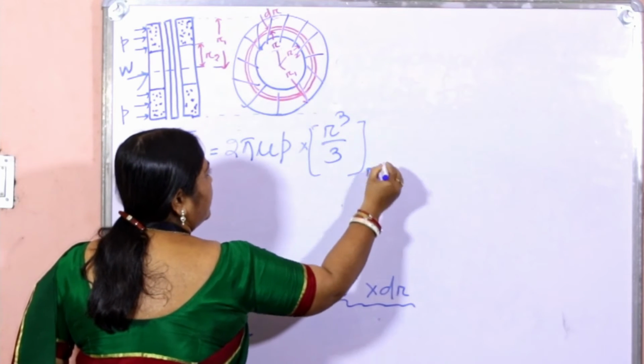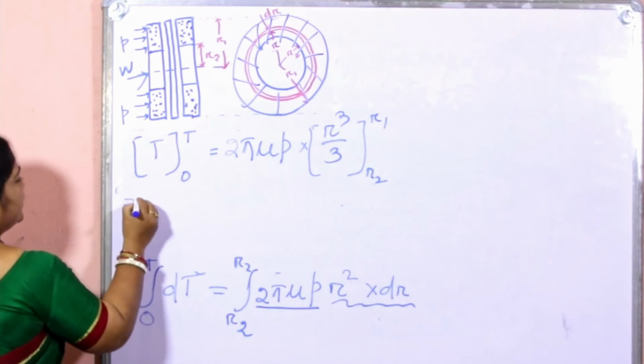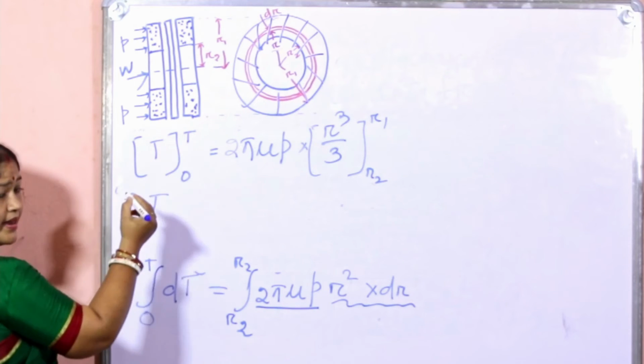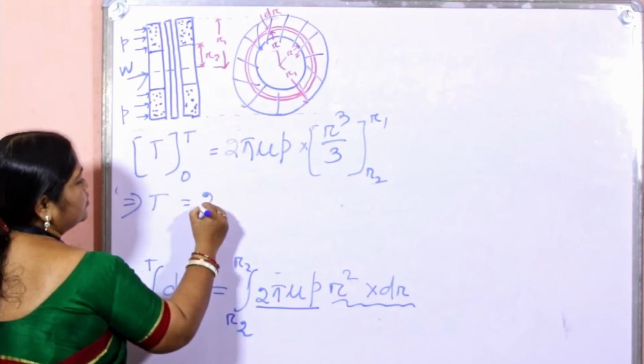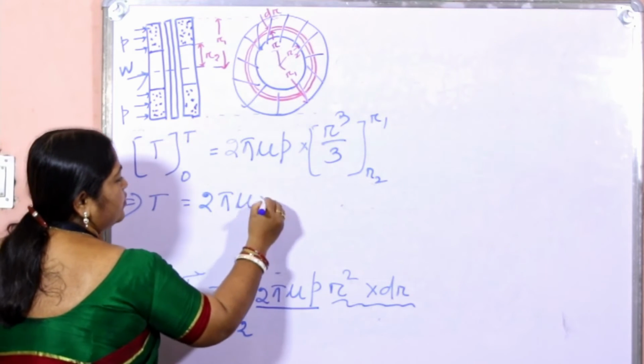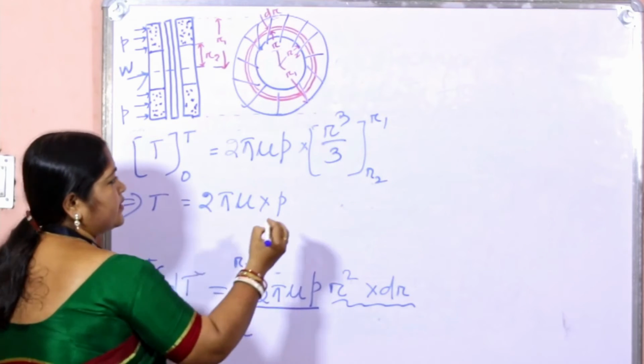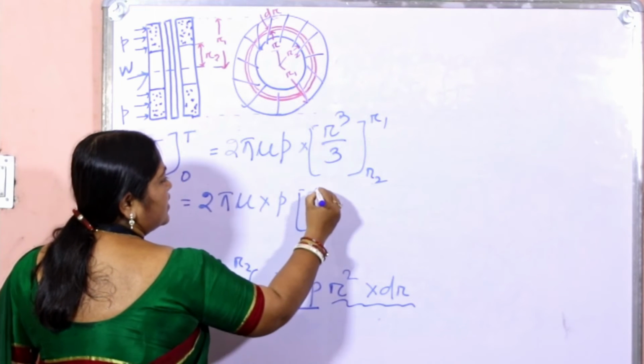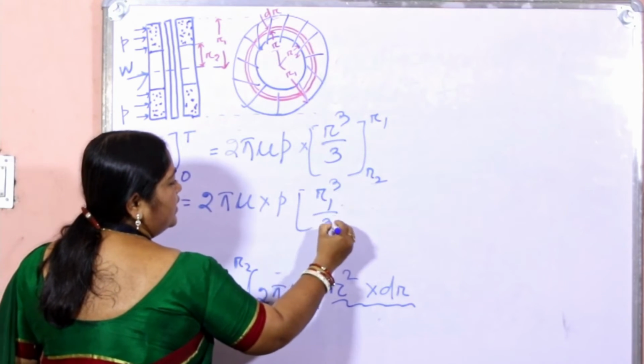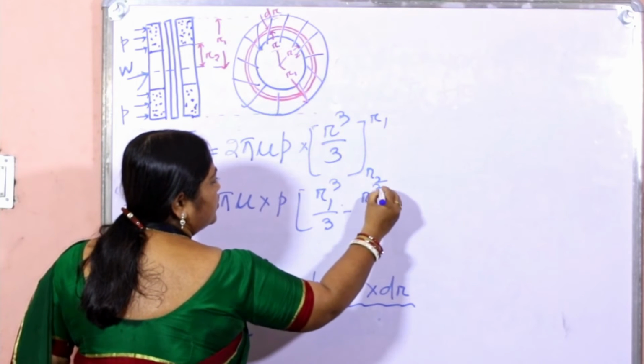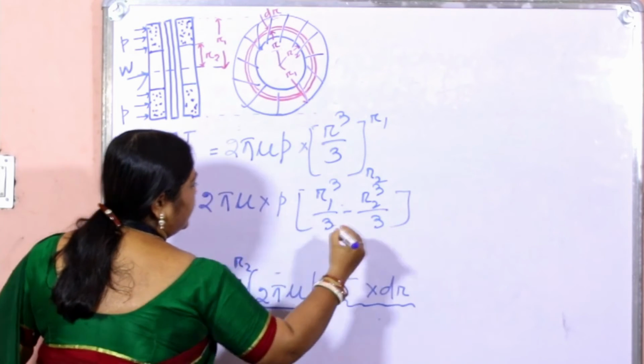Integration from r2 to r1. So it implies that I am getting t minus 0 is t is equal to 2 pi mu into p. Then from higher value, that is r1 cube by 3 minus r2 cube divided by 3.